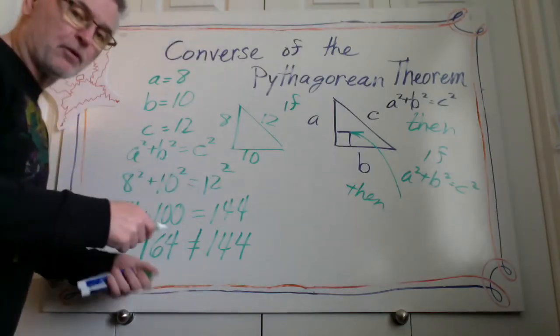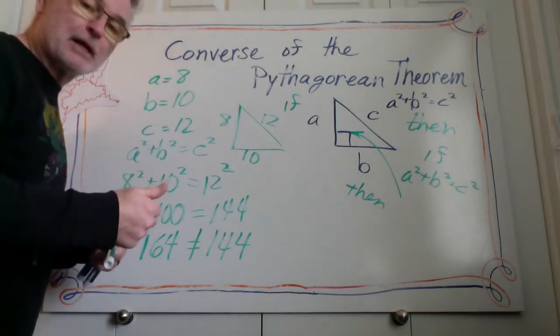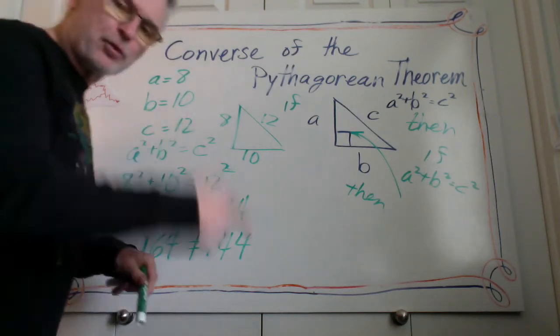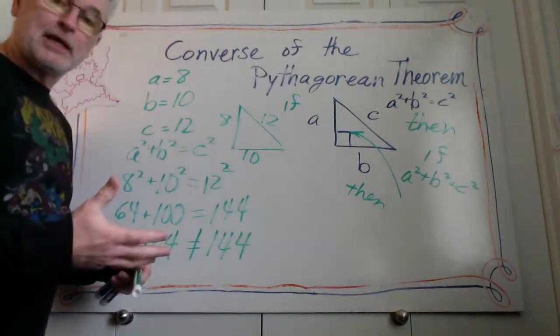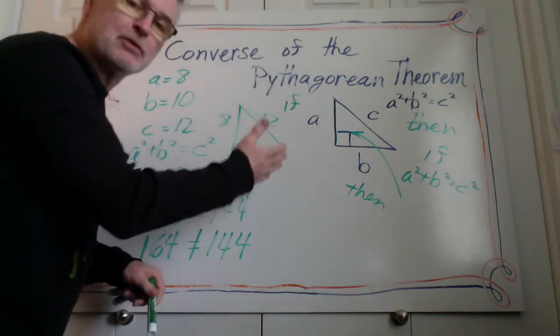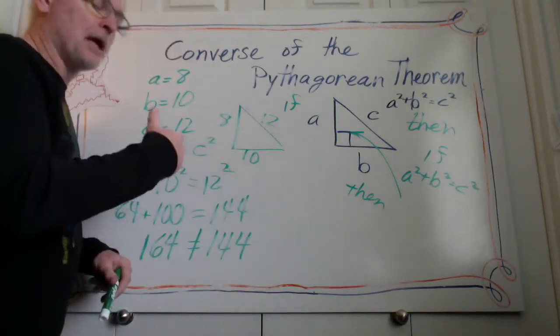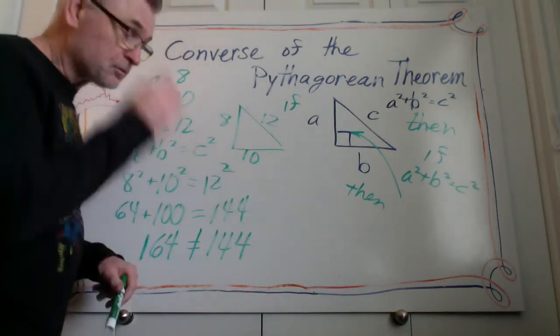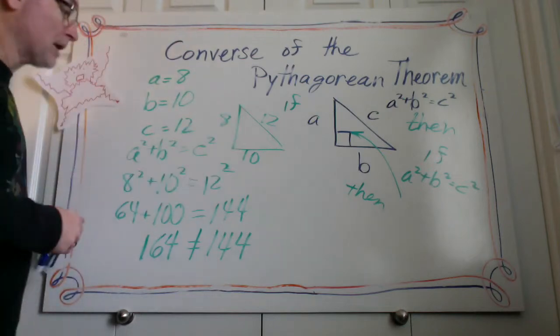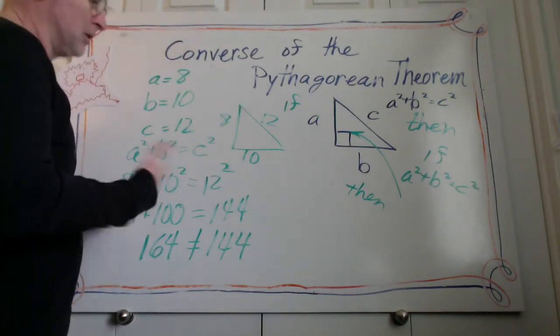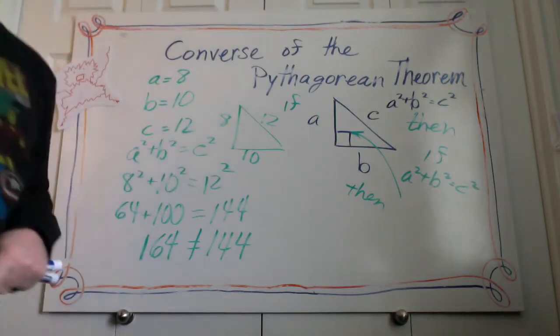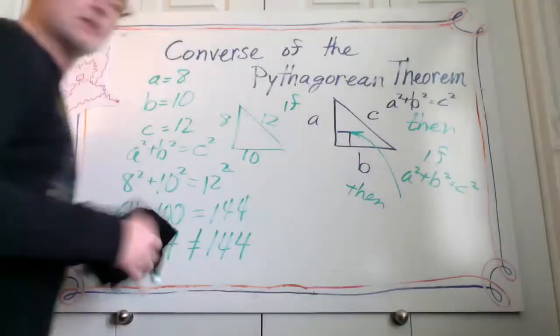And that's what we're looking for. Because when we know we have a right triangle, then we can solve other problems later that are more complicated. Having established the right triangle helps us out with those problems, right? So this is just not a right triangle. It's still a triangle, but it's not right, okay? And that's what the converse is all about.